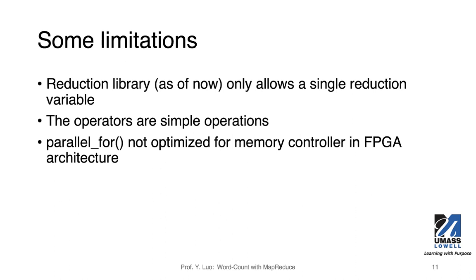Also, the operators or the functors are simple operations, and the supported functors are addition, multiplication, maximum, minimum, those associative operators. And for some architectures like FPGA, parallel_for may not be well optimized for memory operations.